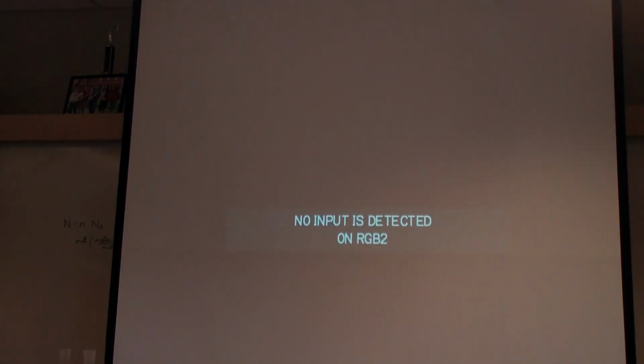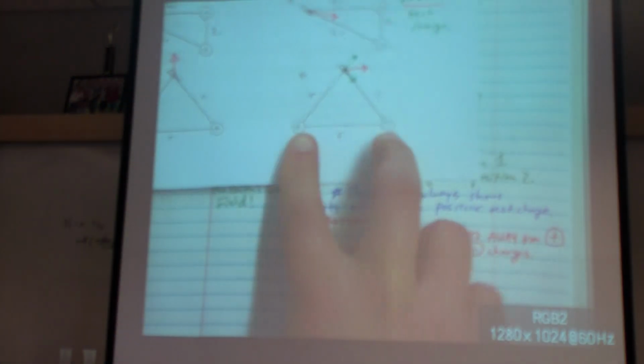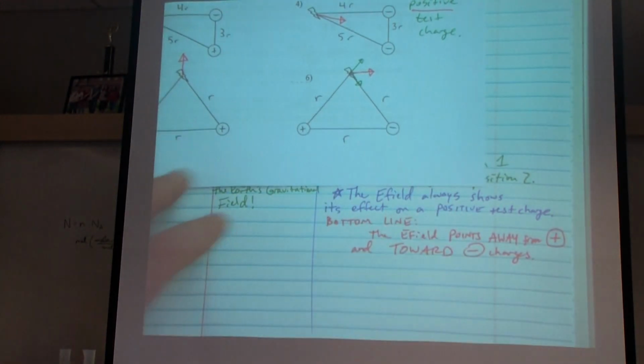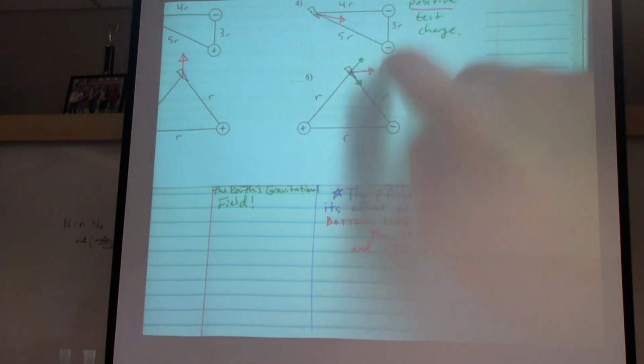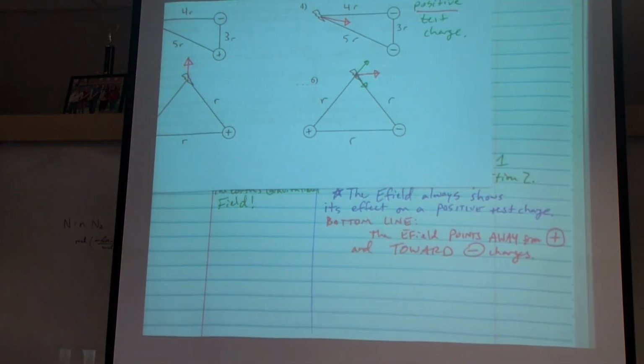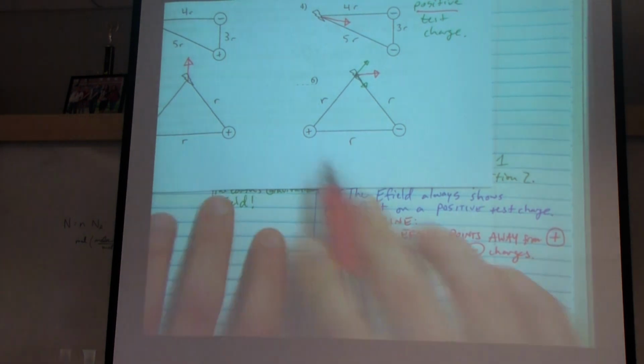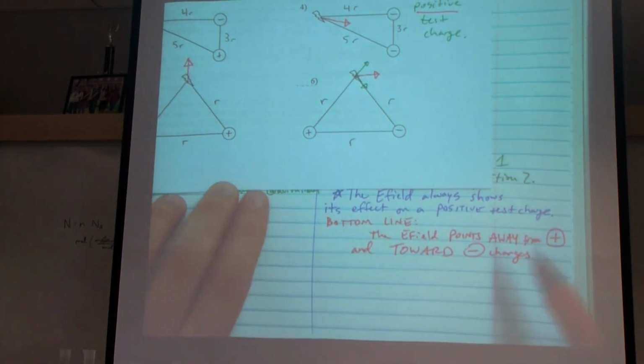Now look back at the first page of your warm-up, what you did here. I just want to show you that we've only drawn the electric field at one particular point. But in actuality, the electric field is established everywhere. And what does it look like when you have 2 point charges like this?